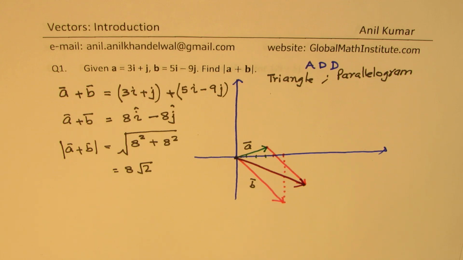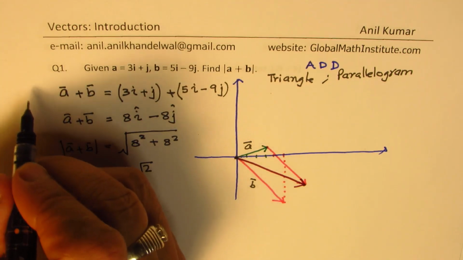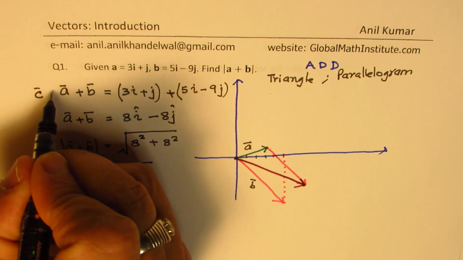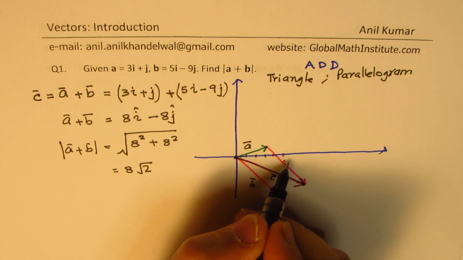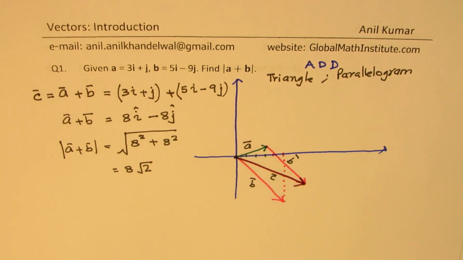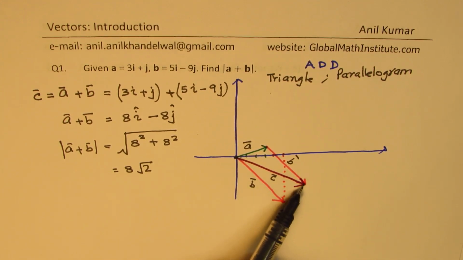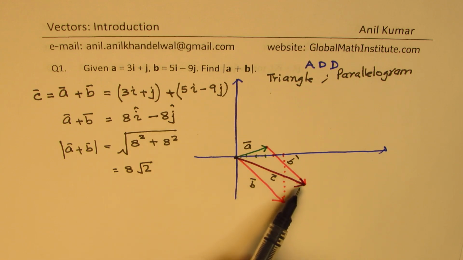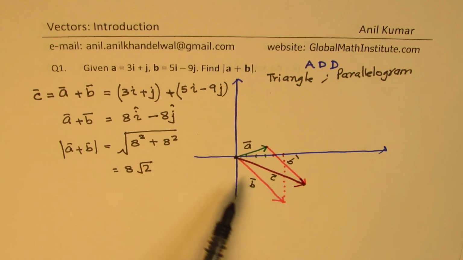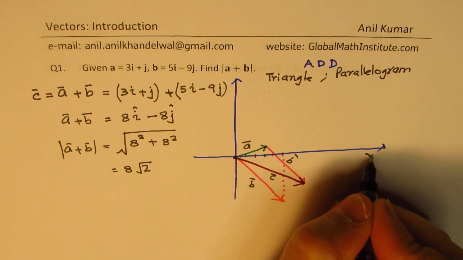If the sum of A and B is my vector C, then this is the vector C for us. That is how you show it on a coordinate plane. Reading these coordinates, we find the vector C also: it is 8, minus 8. So that is what vector C is. I hope the process is clear.